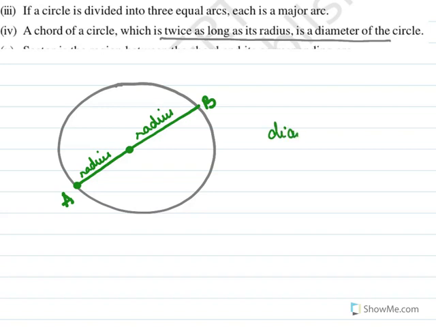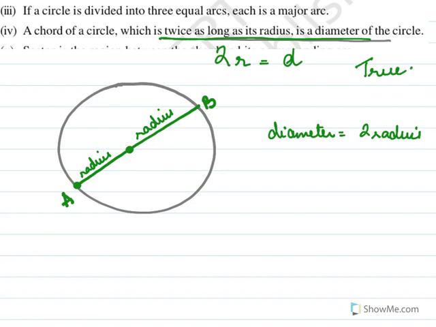So you can say diameter equal to 2 radius, and that's exactly what they're saying. Twice radius is diameter, 2r is diameter, and it is true. 2 radii is equal to 1 diameter.